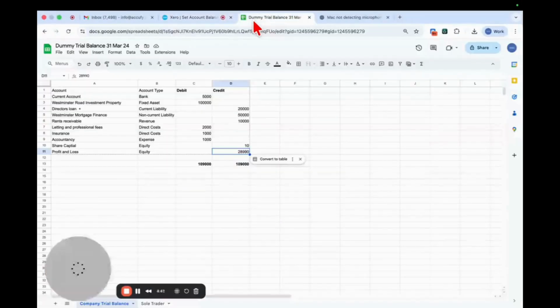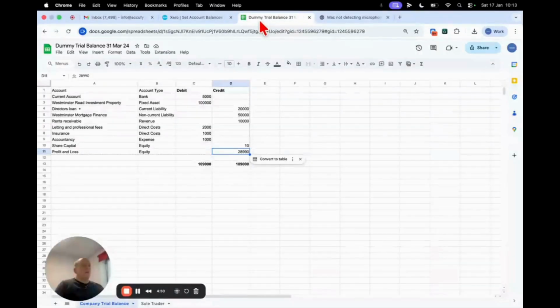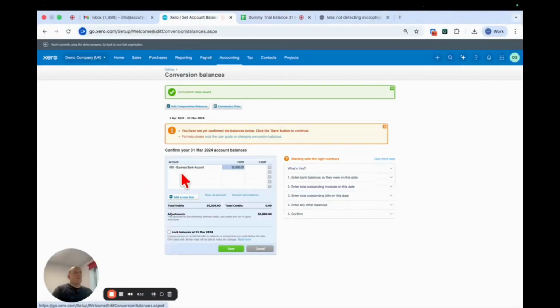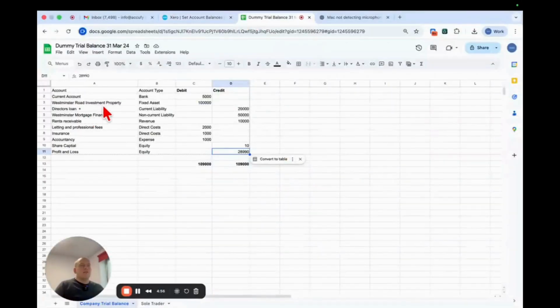And what I'll do is, we've got our current account's 5,000 as a debit because it's an asset. We had our investment property, and remember, just to point out as well, it's likely in your trial balance you won't have a separate accounting code for each of your investment properties and each of your mortgages.